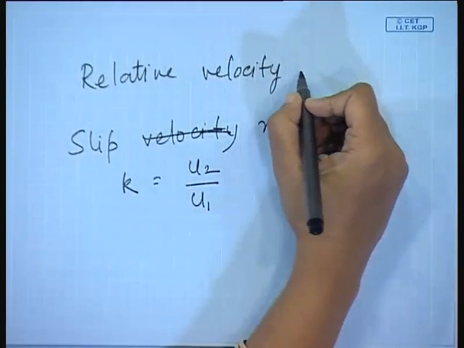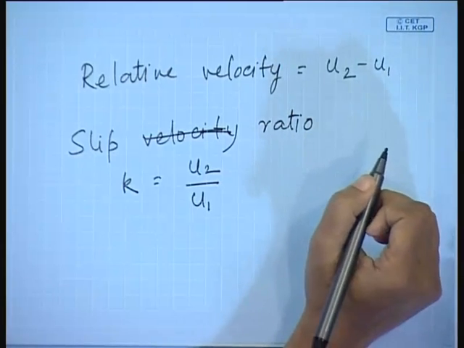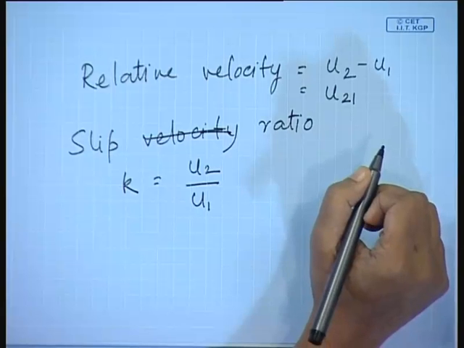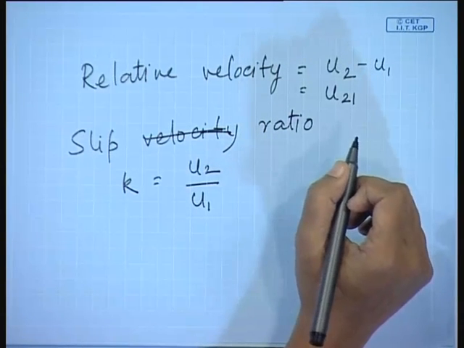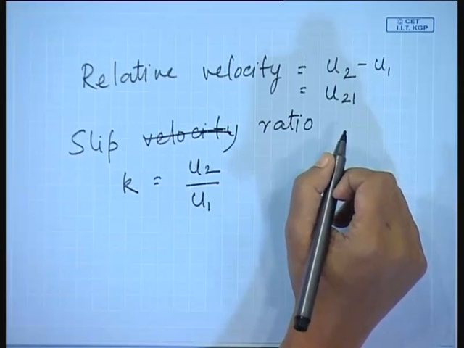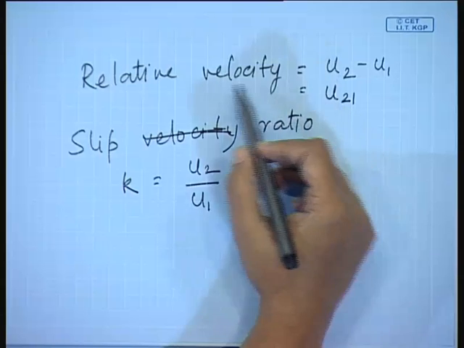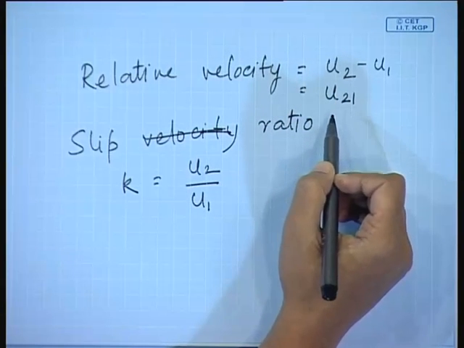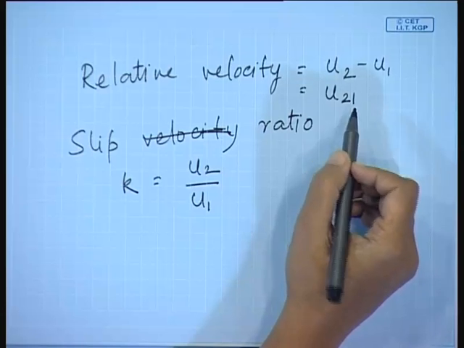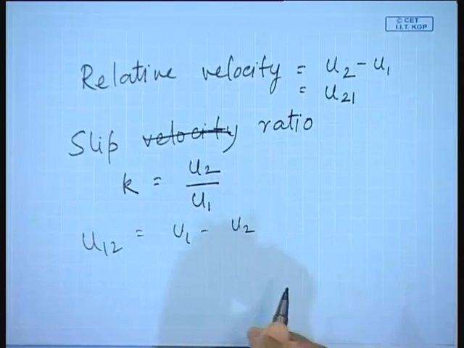And relative velocity, you already know, is u2 minus u1, and this is denoted as u21, isn't it? There is one very important thing which I would like to point out at this particular juncture. Just note, when you refer to relative velocity, u21 is u2 minus u1. You agree? If we define it as u12, this will be u1 minus u2.